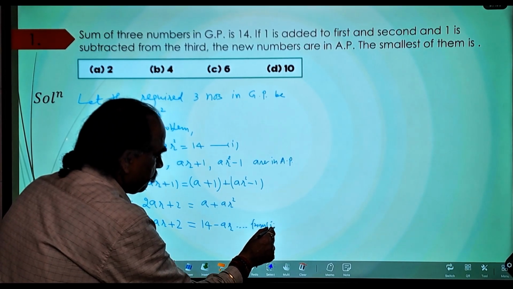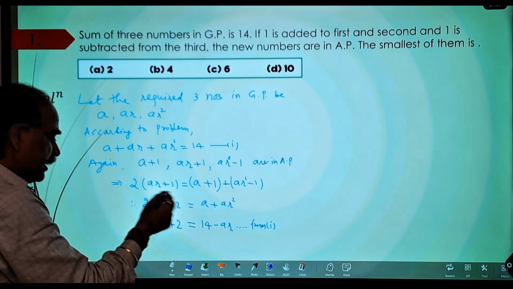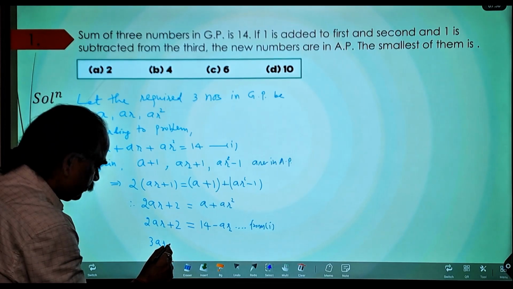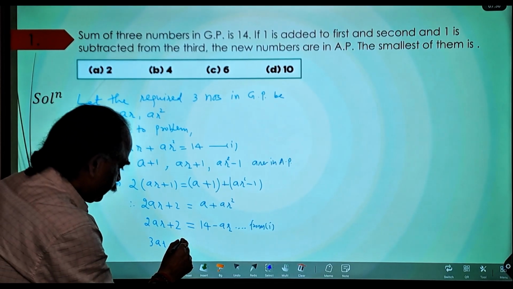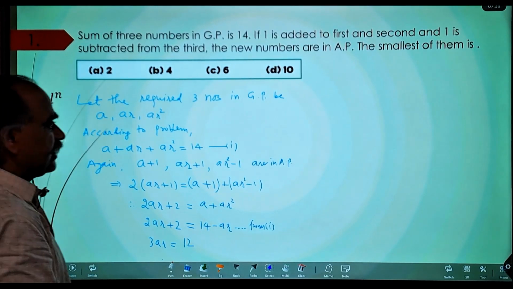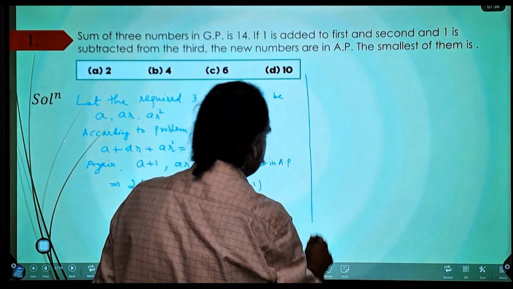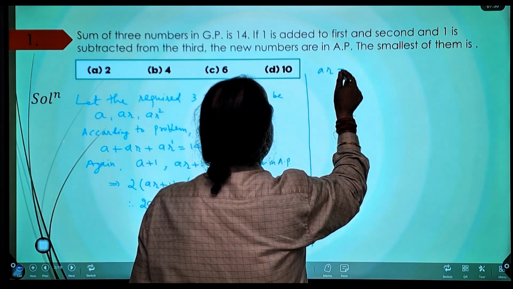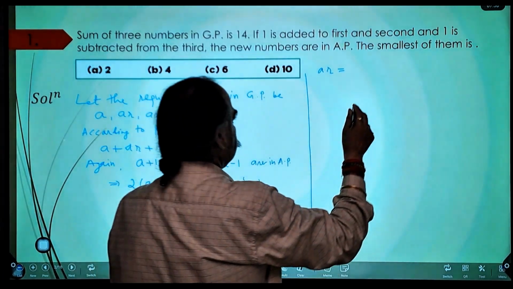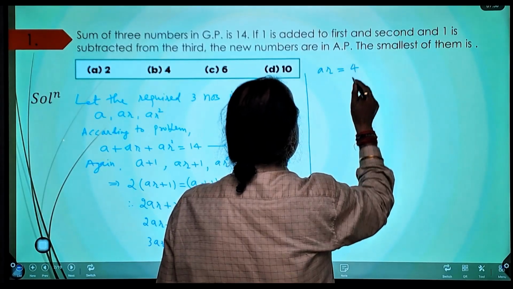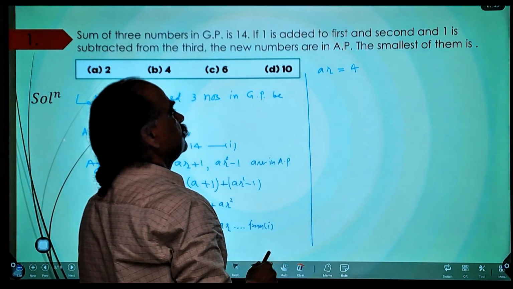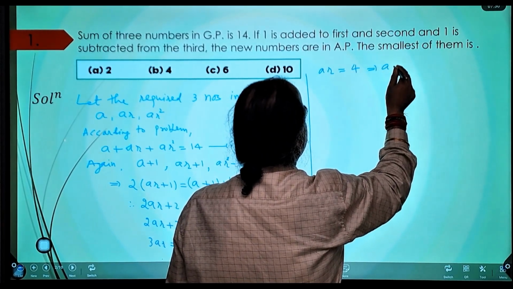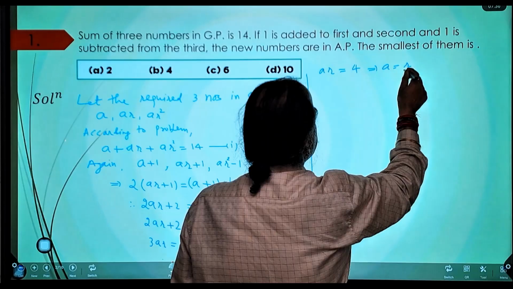Bring AR on this side. So 3 times AR is 12. So AR is 4.